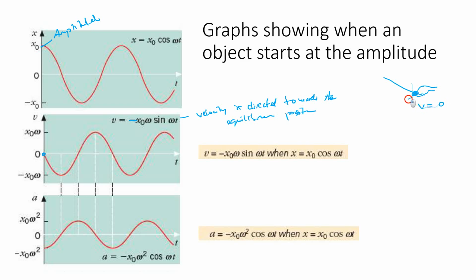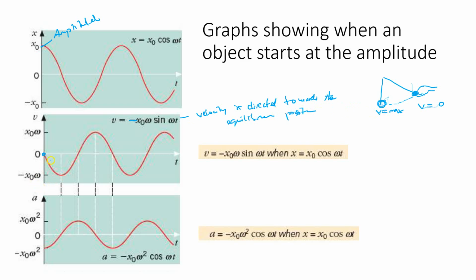But the very moment you let it go, when the system reaches the equilibrium position, that is when v is going to equal max, because as you can imagine, all of the energy stored in the system will be converted to kinetic energy. And at the exact bottom, that is when you would have the maximum speed.